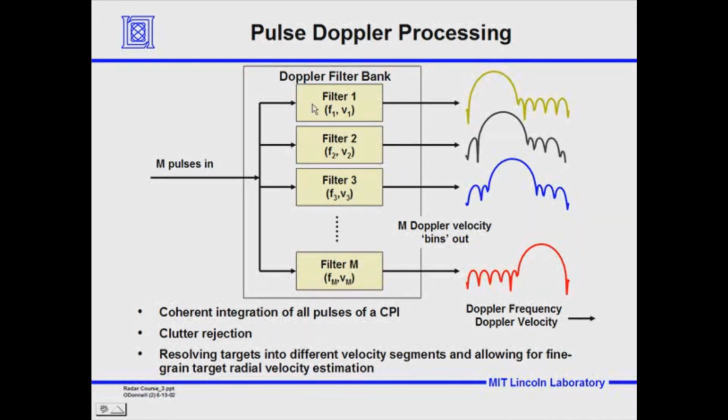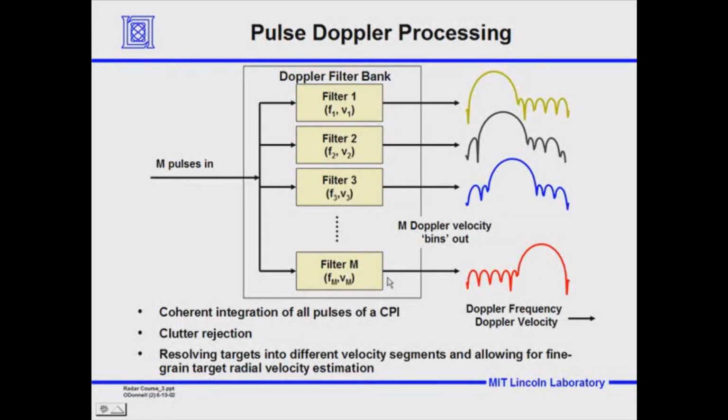So what we're doing in this process of generating the output of the linear filter is we're coherently integrating all the pulses in the coherent processing interval, and we're weighting the pulses differently, and those weights in combination for that filter will give preference to certain radial velocities to be output from the filter.